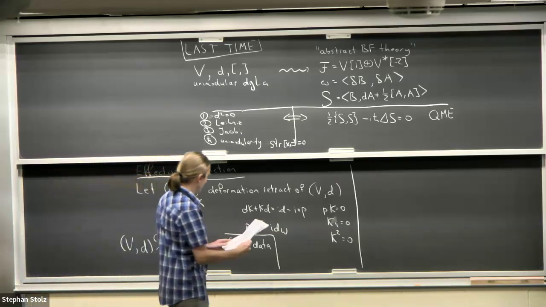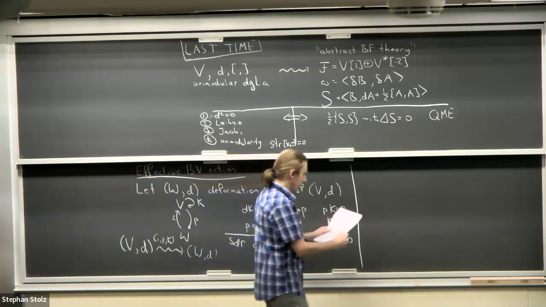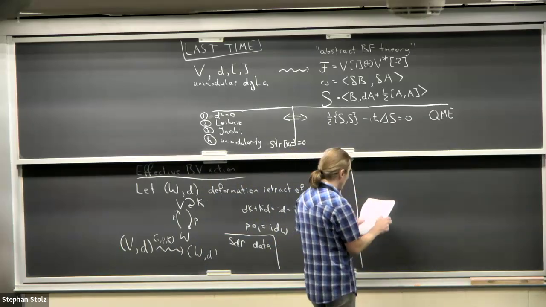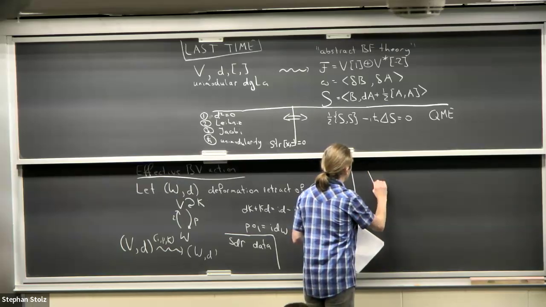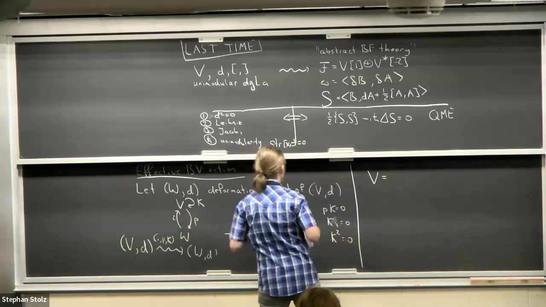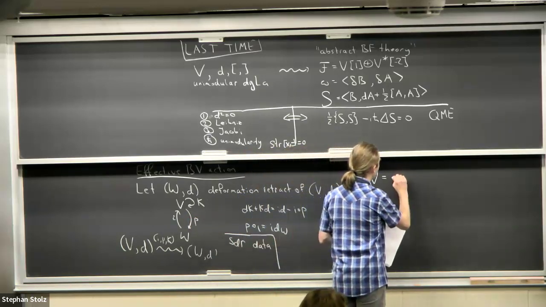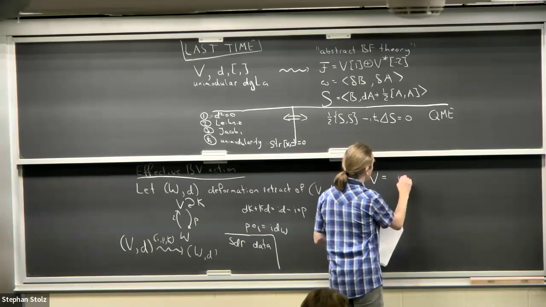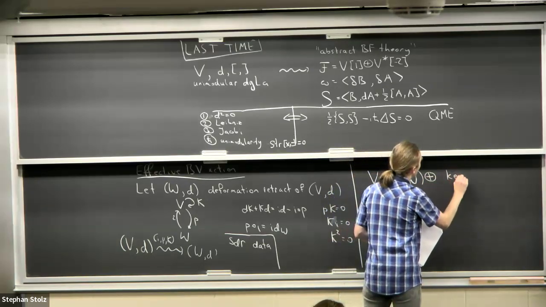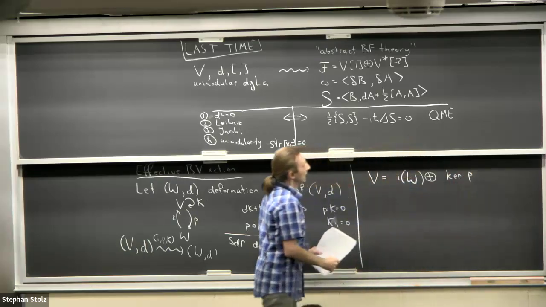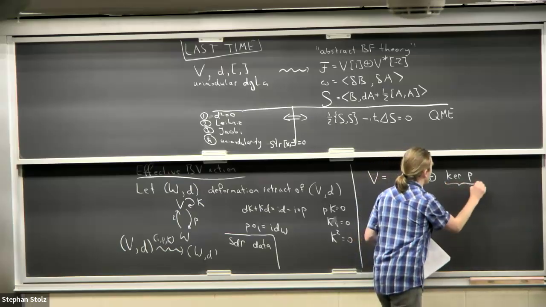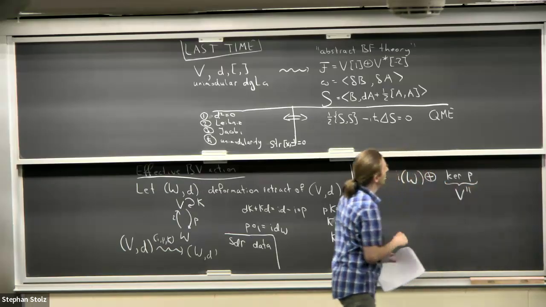Now, what does it give me? First of all, if I just use the inclusion and projection, then I have a splitting of V into the image of W plus the complement, and the complement is the kernel of P. Let me also call it V double prime.